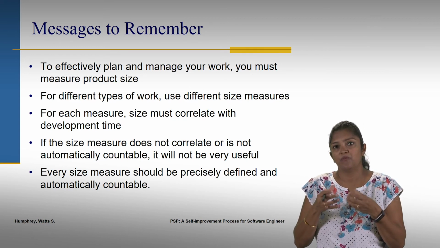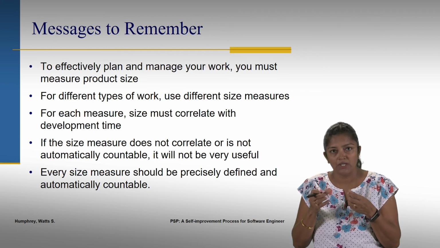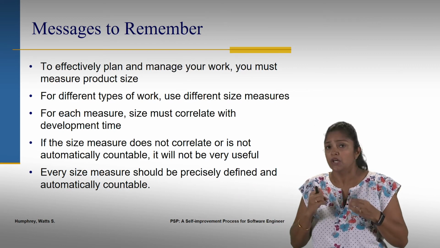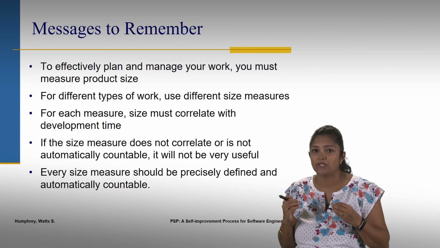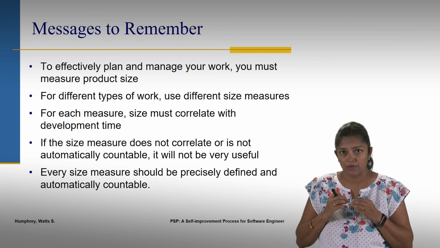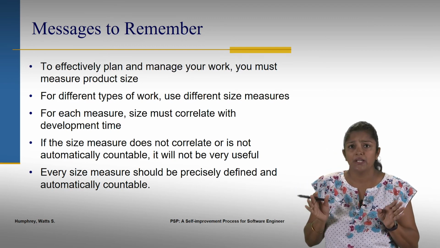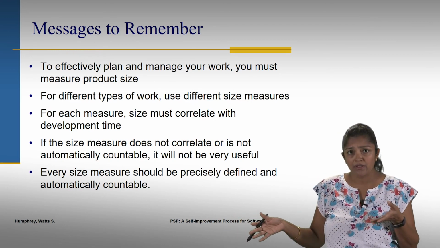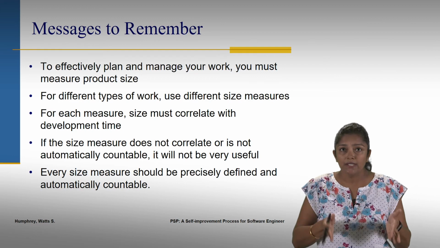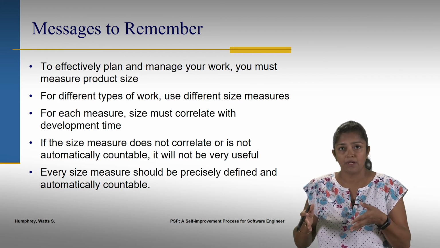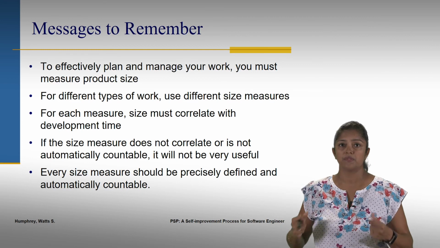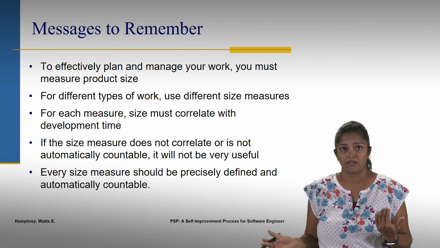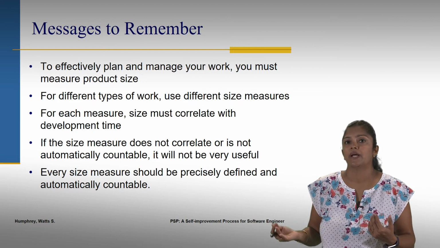Once it becomes habitual for those small tasks, even for future projects and large projects, you can still break down your work into smaller tasks, and you will be able to estimate for those. Again, I want to repeat that this is not something you're going to be doing throughout your career as a software engineer. No, it's just initially to establish a disciplined approach, and once you've done that, it'll come automatically, and you don't need to track the data anymore. You'll just be able to do it naturally.